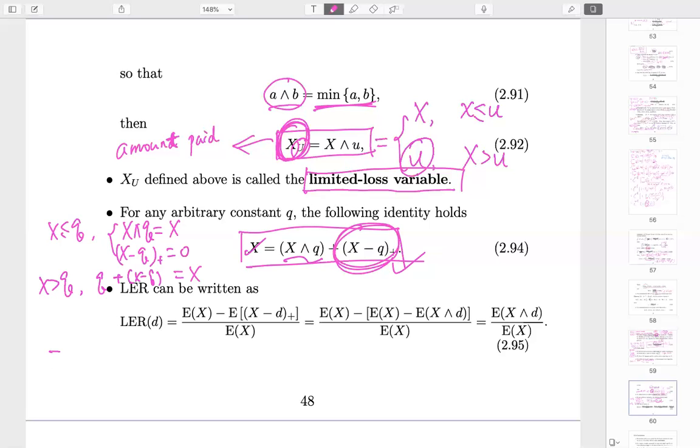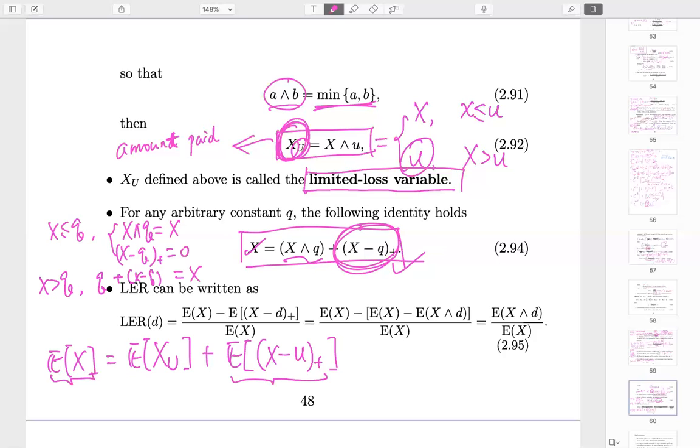the expected value of x equals the expected value of x min u plus the expected value of x minus u take positive. We already know how to calculate this guy. This is the integral from 0 to infinity of the survival function of x. And this is the integral from u to infinity, again the survival function of x.